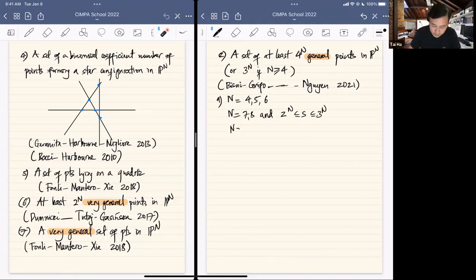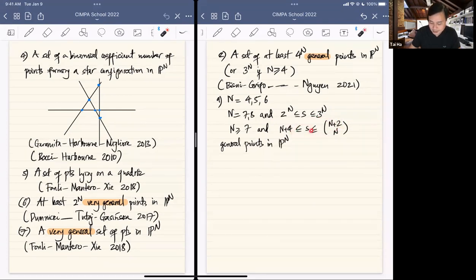Or if n is at least 7 and n plus 4 is less than or equal to s less than or equal to n plus 2 choose 2, or choose n. And the points are general points. So I should also point out that in this case, for example, when s is less than n plus 4, it is already known to be true.